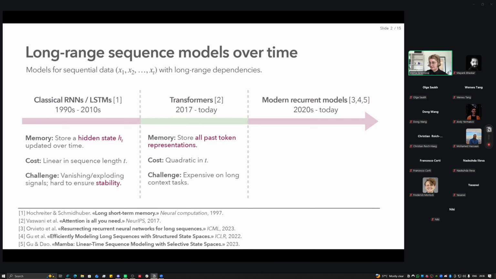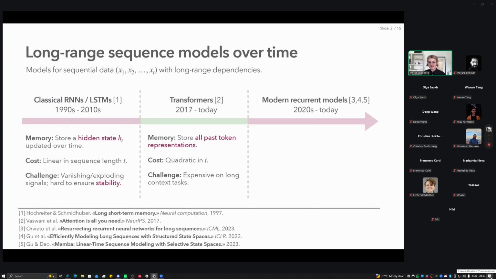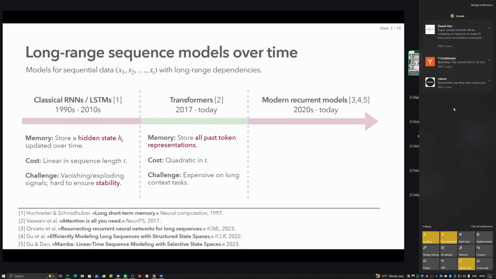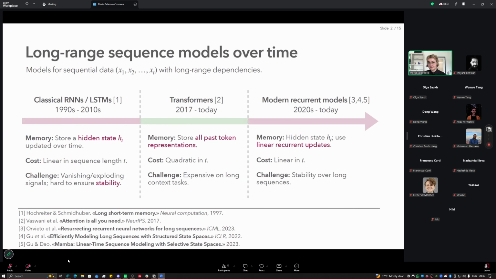And that's exactly why in the last years, people started to be interested once again in recurrent models for long-range sequences. And we have seen models like Mamba, which are recurrent models competitive on long-range data. These modern recurrent models also rely on storing a hidden state, ht.